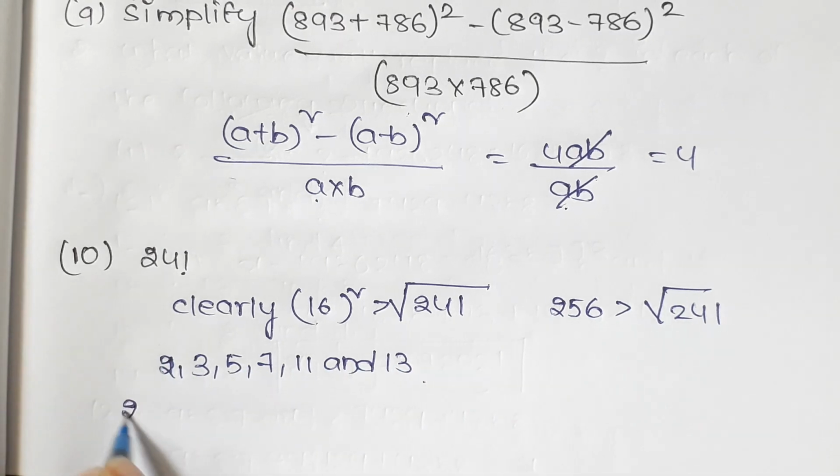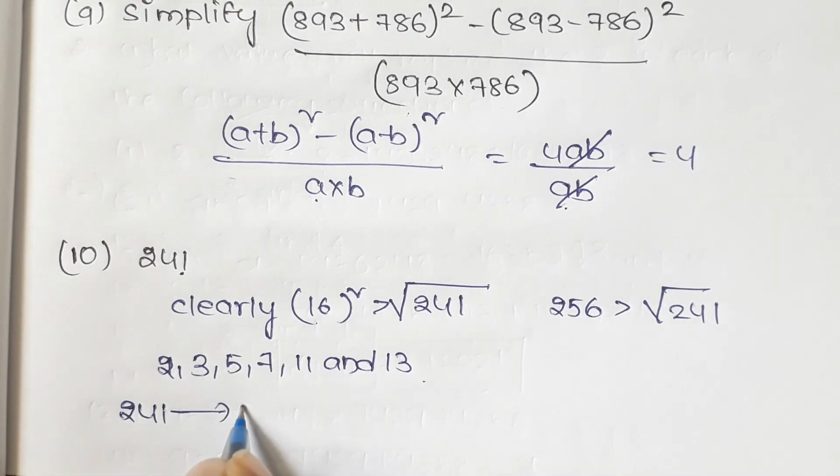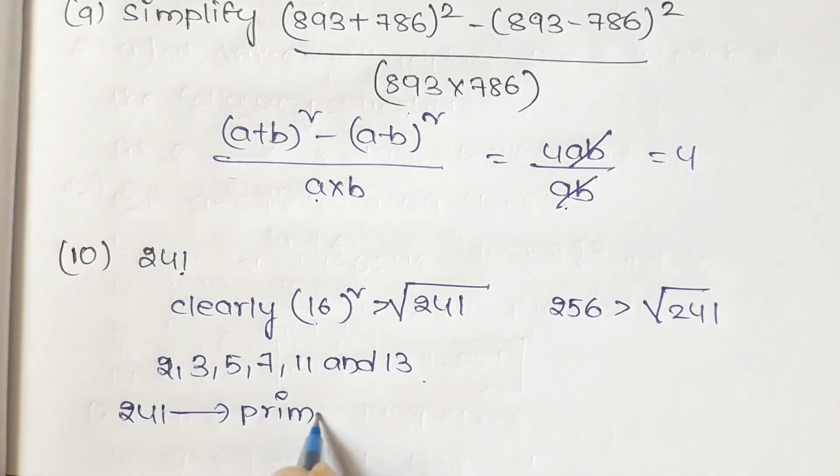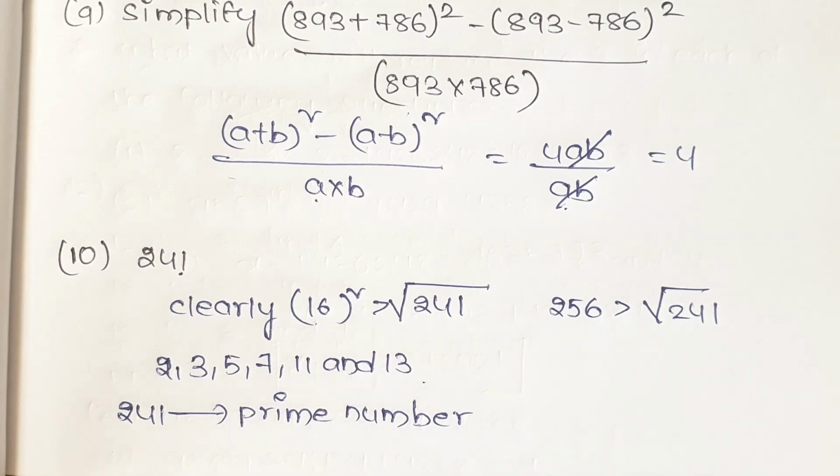So here 241 is a prime number, and this is the way how to check whether the given number is a prime number or not. And this is the another model.